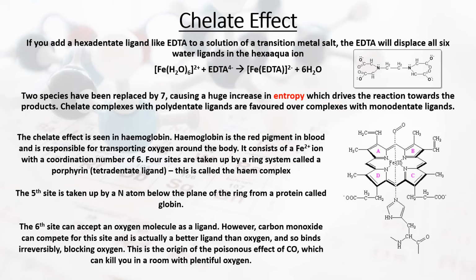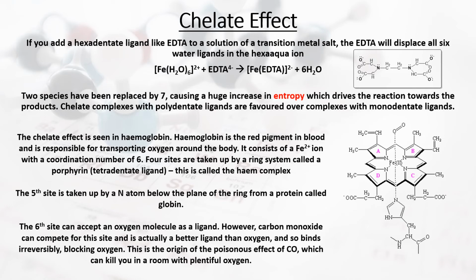I can react it with my EDTA, and the EDTA will simply kick out all 6 water molecules. And so we end up producing FeEDTA. That's now a 2- ion. We have to make sure the atoms balance and the charges balance. So EDTA is 4- overall, the ion's 2+, so put them together and you end up with 2-.